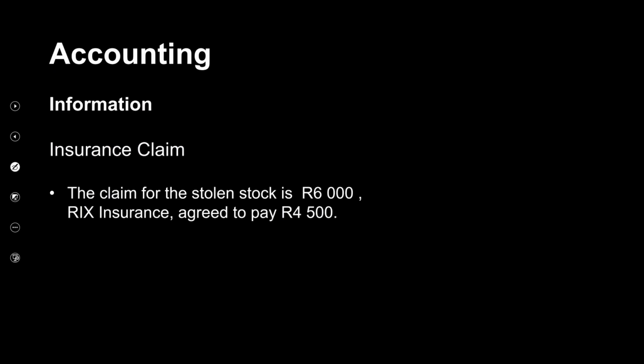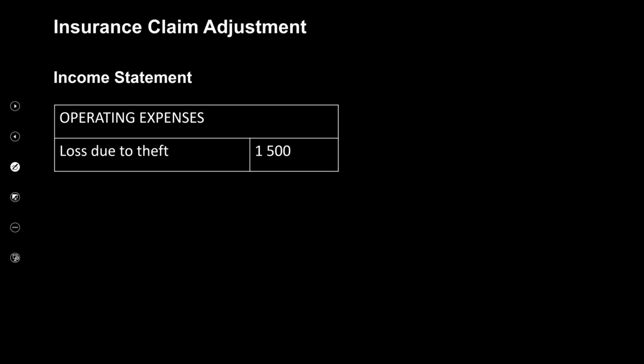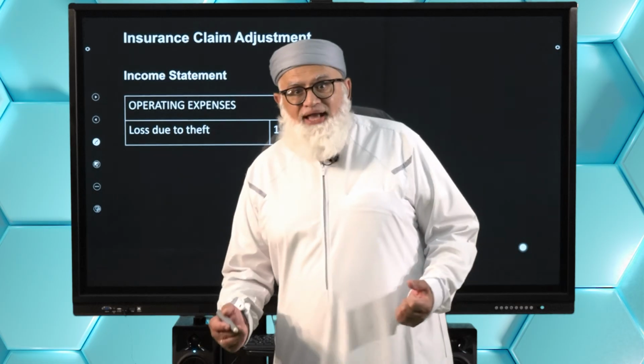The next one we go on to is the insurance claim. The claim for stolen goods is 6,000 Rand, right? Rick's insurers agreed to pay 4,500. Clearly we can see here that as a result of this, we are going to lose an amount of 1,500. Why is that?